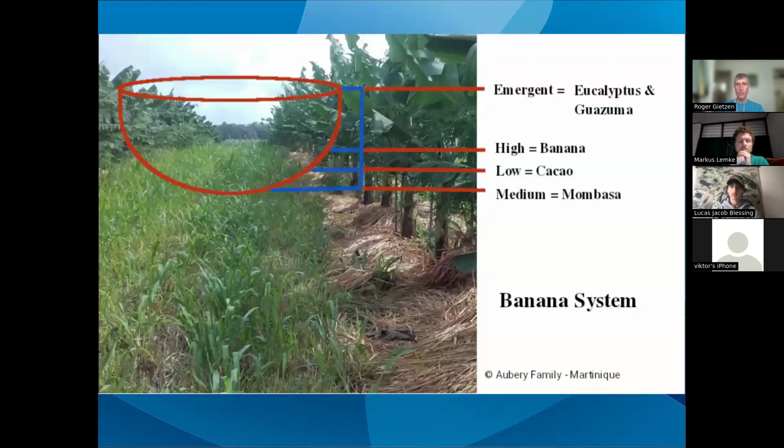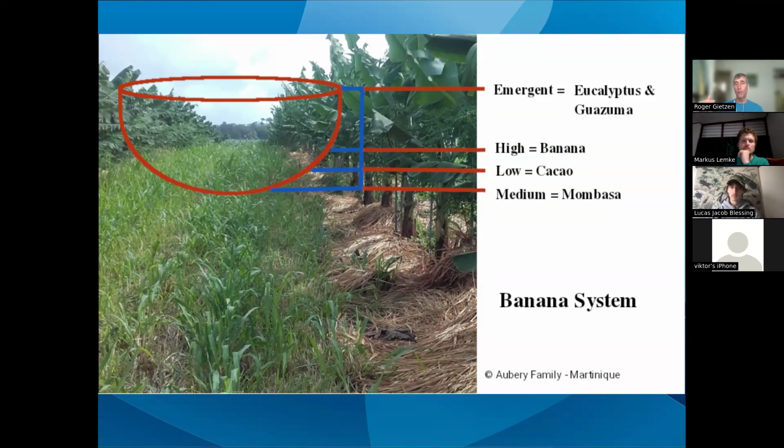For example, this is a banana system in Martinique that was designed and implemented by Ernest. If you look at the members making this up, you have emergent and high in the tree rows, and those are probably close to their appropriate ratio.